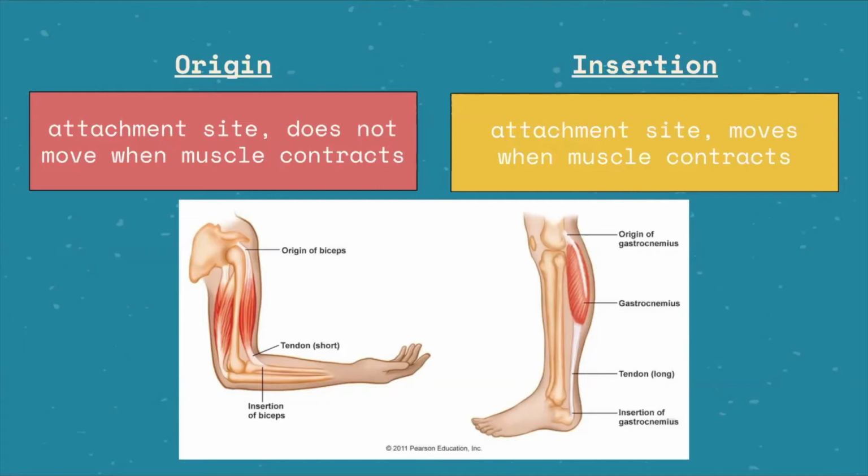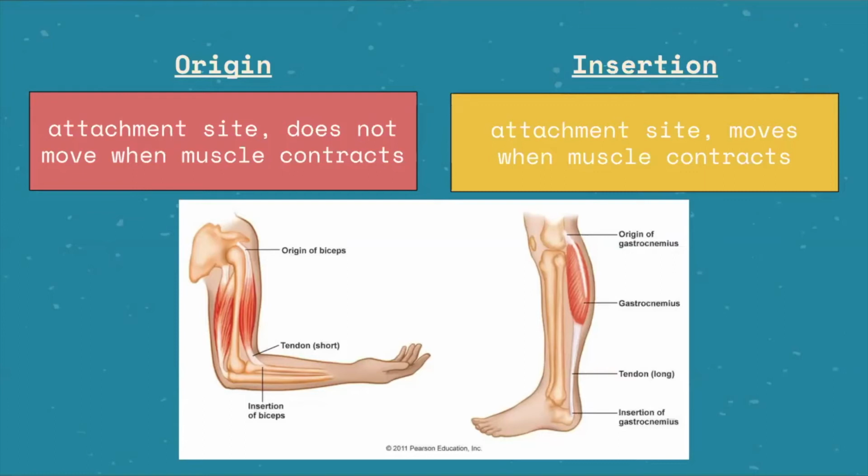So what does attachment site mean? A place where it connects. So for our biceps, our origin would be near our shoulder, and our insertion would be near our elbow. An origin basically means when that muscle contracts, that attachment site does not move.